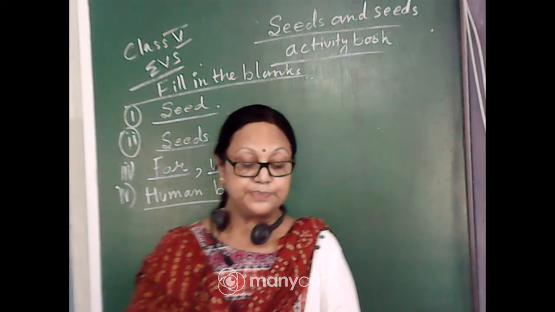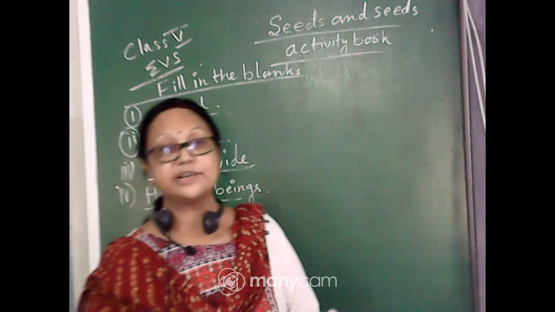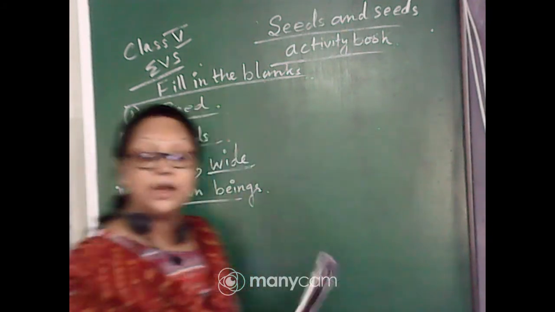And the fifth one is: dash is the scattering of seeds from one place to another. So, this is dispersal. Dispersal is the scattering of seeds from one place to another.